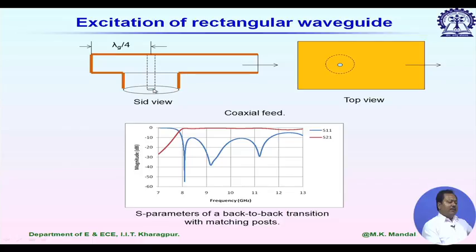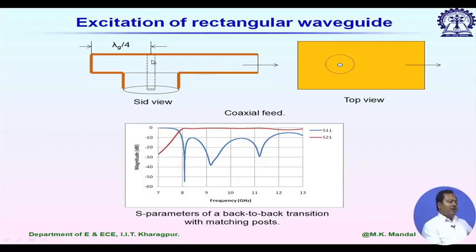Then the fringing field inside the coaxial cable, when it terminates, opens into the rectangular waveguide, we have a fringing field inside the rectangular waveguide, and that fringing field excites the TE10 mode inside the rectangular waveguide.